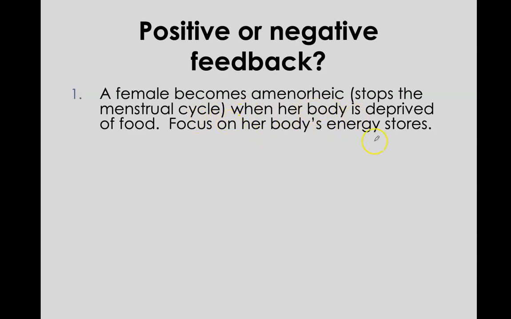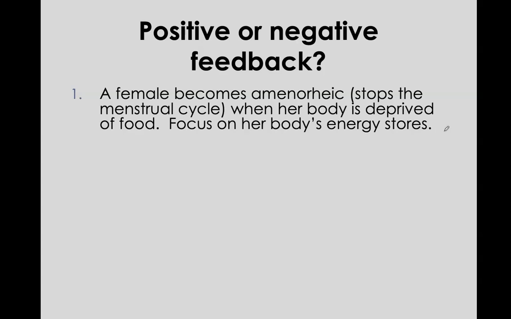And so focus on your energy source, right? If you're not bringing in enough energy to be able to maintain your own body, how would you be able to maintain a fetus? And so actually your body will stop its menstrual cycle because the process that initiates menstruation, which would be sometimes ovulation, would be that your body can't maintain a pregnancy right now.